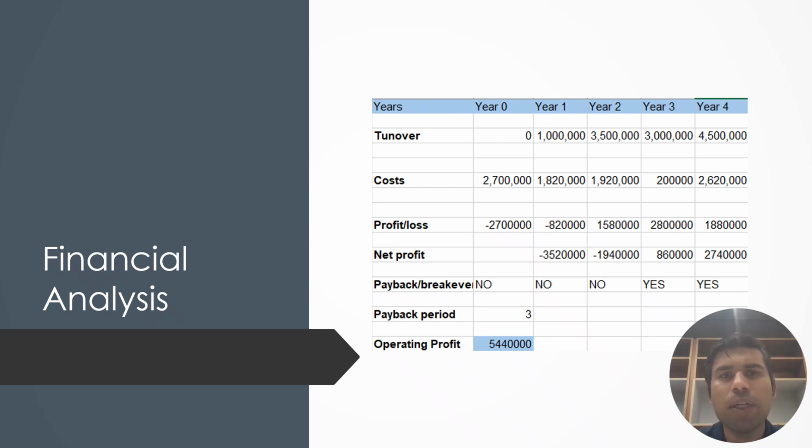The payback period of 3 years indicates an acceptable investment recovery time. The final operating profit reflects the accumulated gains once the initial deficit is covered, suggesting the project becomes financially sustainable, as you can see in the slide. Now I am moving to my next slide.